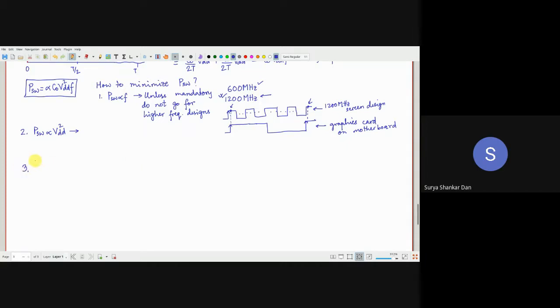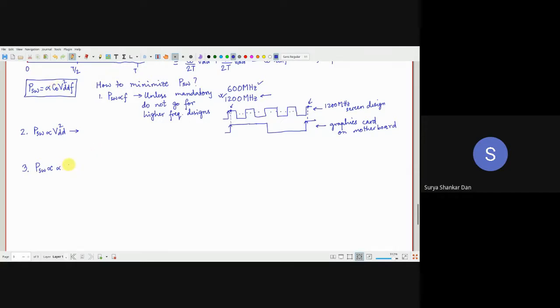This clock gating, we will learn those techniques in this course. This clock gating essentially answers to alpha. This is proportional. So what does clock gating do? It reduces the switching activity.